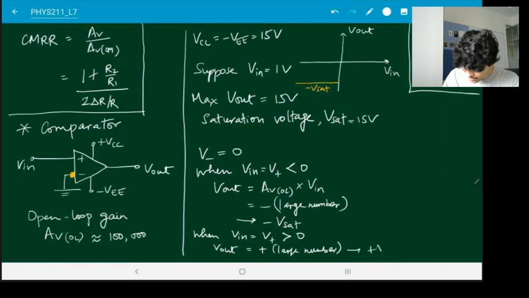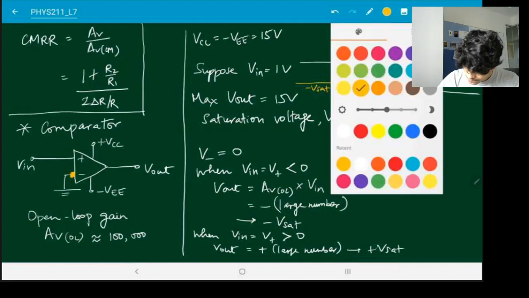So this goes to plus VSAT. It switches state and becomes plus VSAT. Is this clear? So a comparator is just comparing your input voltage with the reference voltage.